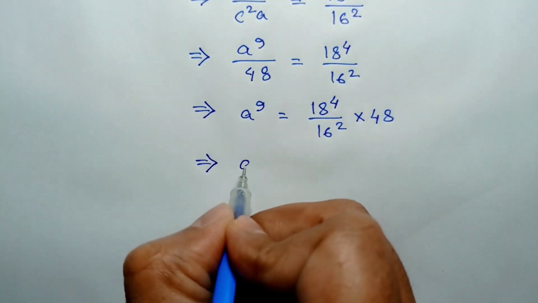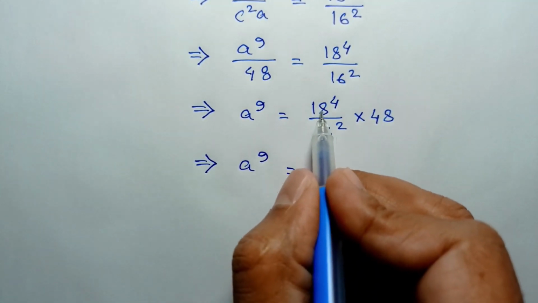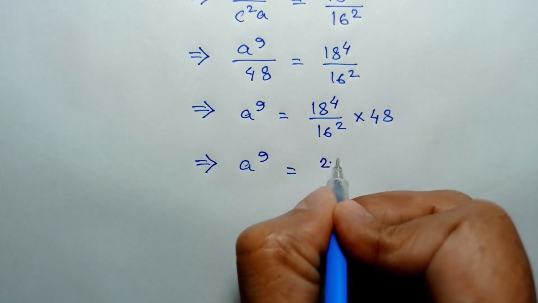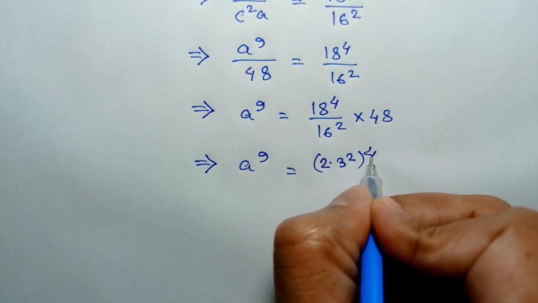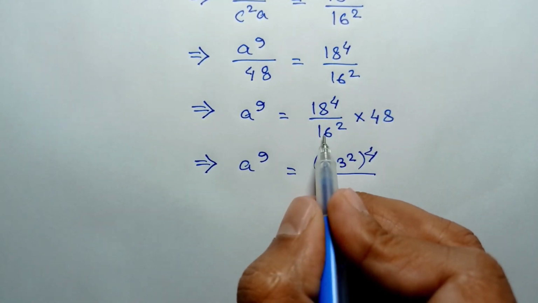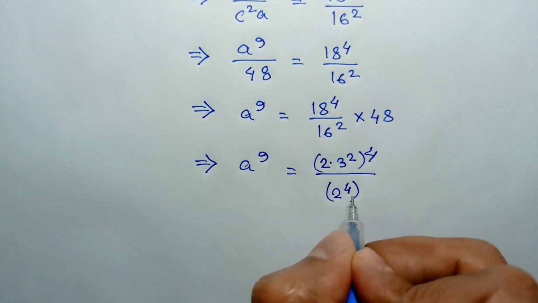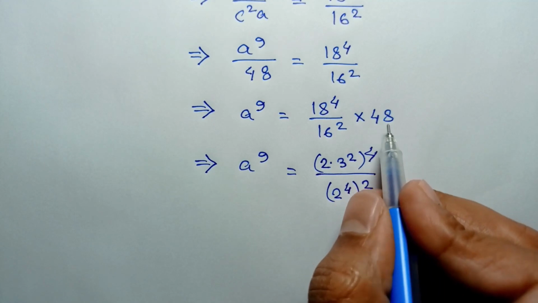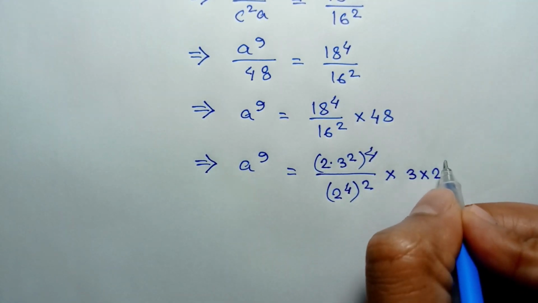Now a to the power 9 is equal to, the prime factorization of 18 is 2 times 3 square, whole to the power 4, over 16, which is 2 to the power 4 whole square, times 48, which can be written as 3 times 2 to the power 4.